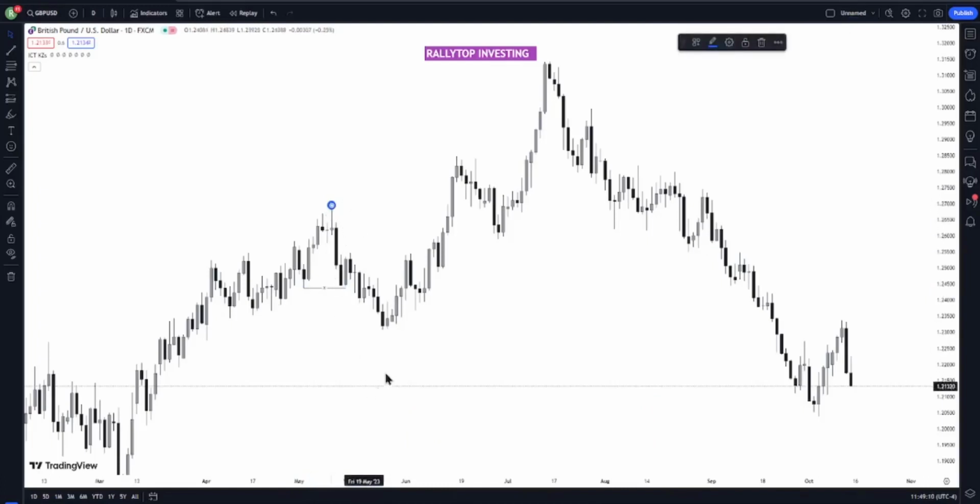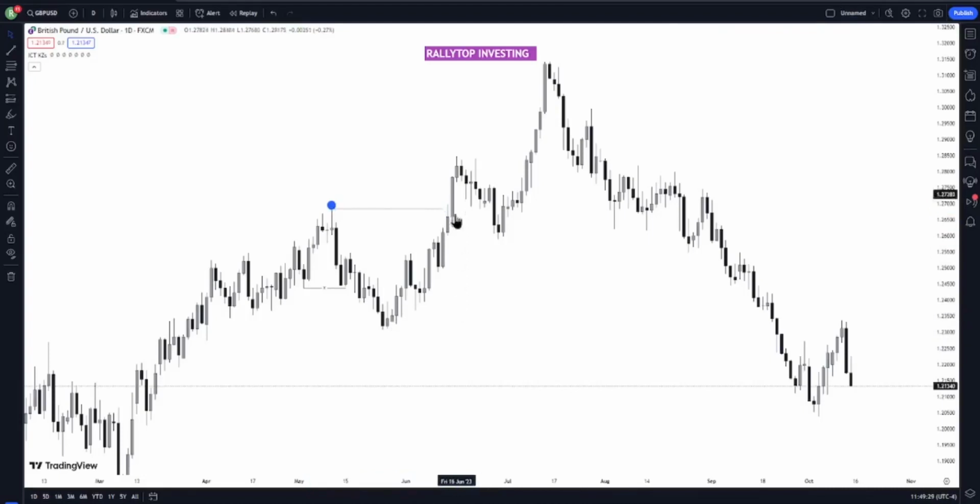Now our low cannot be confirmed just yet until it takes out this very major structure high here. Remember, this is a major structure high, and price has to take it out with a candle closure to confirm this low as a valid higher low.